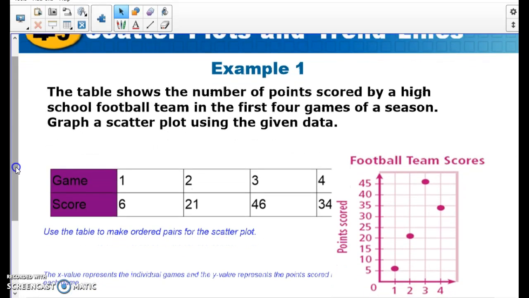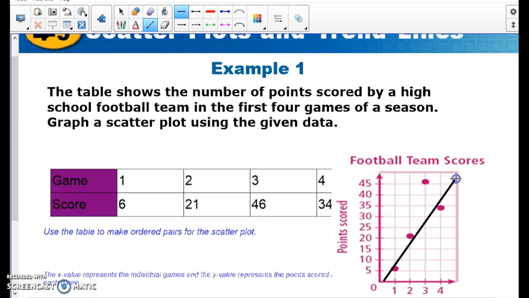So if we're talking about football scores for a high school football team, in game 1 they scored 6, in game 2 they scored 21, in game 3 they scored 46, and in game 4 they scored 34. So just plotting the data. And then if we can kind of predict what's going to happen next, we're just going to draw a line pretty much straight through these points to try to predict what's going to be the next score.